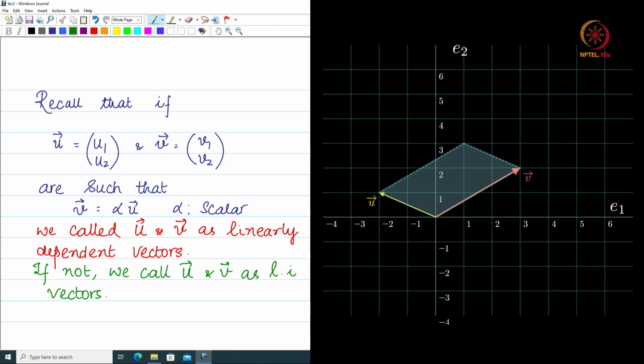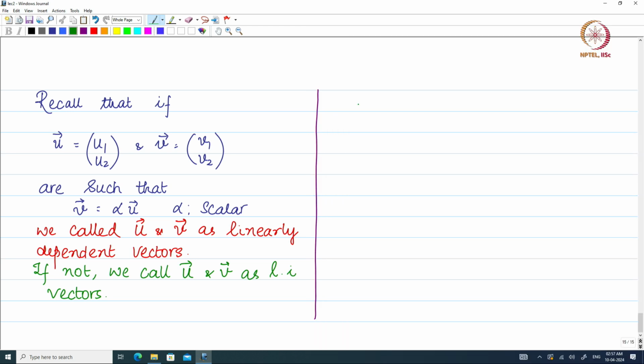Now, let us take an example and then see what it is to obtain the linear combinations of linearly dependent vectors and linearly independent vectors. Let us consider a simple example where I take u to be 1 0 and v to be 2 0.